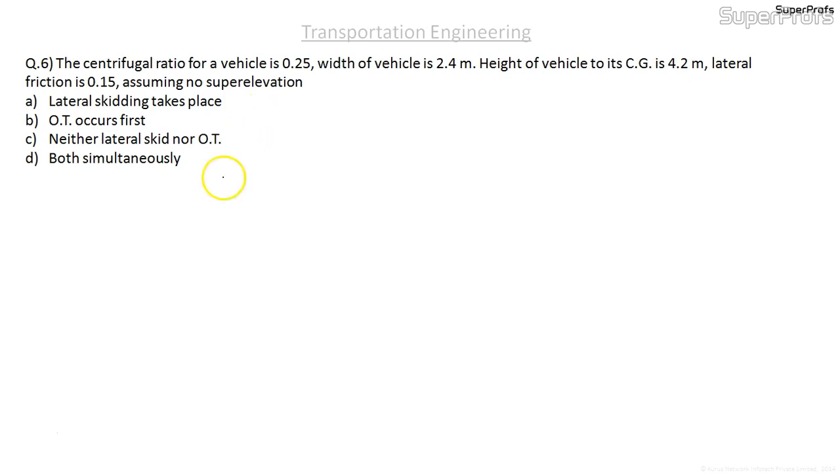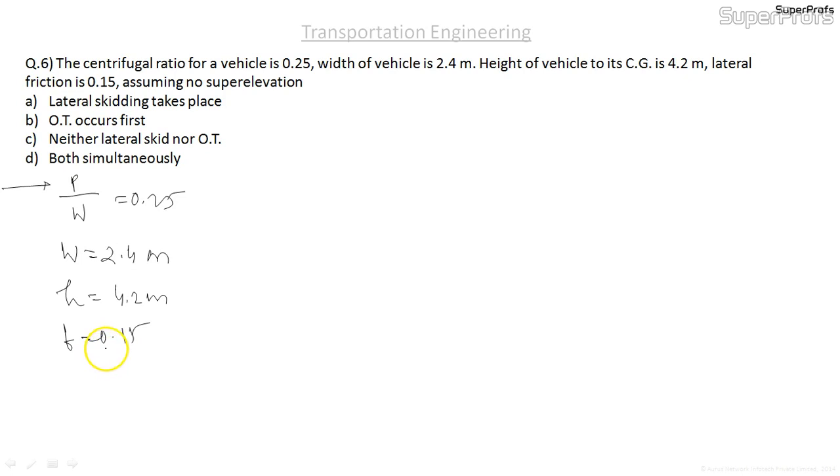So the next question is, the centrifugal ratio of the vehicle is 0.25. So it is given that P by W equal to 0.25. Width of the vehicle is 2.4 meters. Height of the vehicle with CG equal to 4.2 meters. Lateral friction is given to be 0.15.